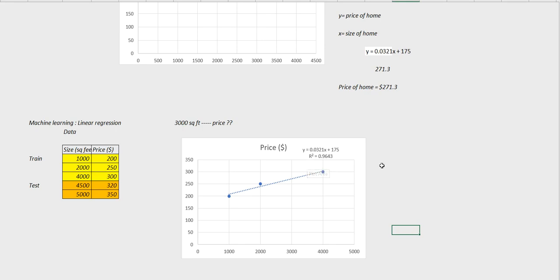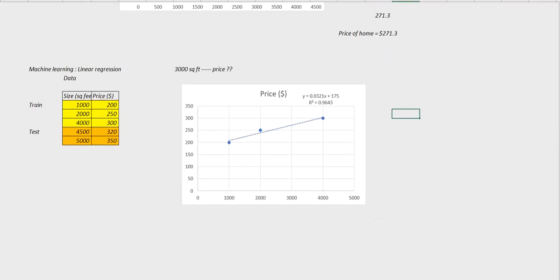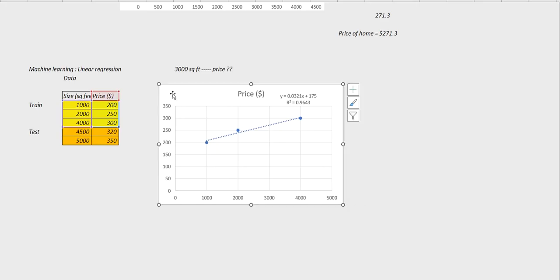R square you can assume as the accuracy of the model. Now the next point is I just want to check the accuracy of the model on the test data, and that will give me the idea whether that particular model is a good fit model, or it is not giving the right result with some unknown data, means how it will perform with this unknown data.